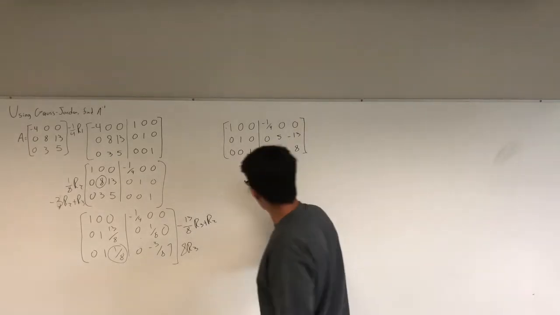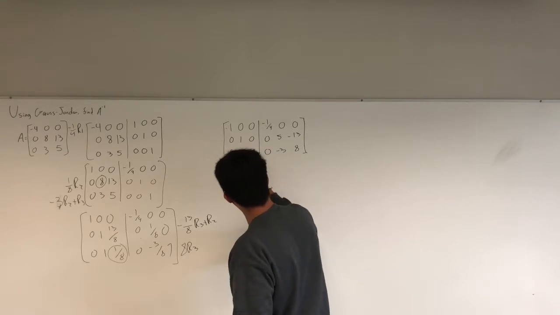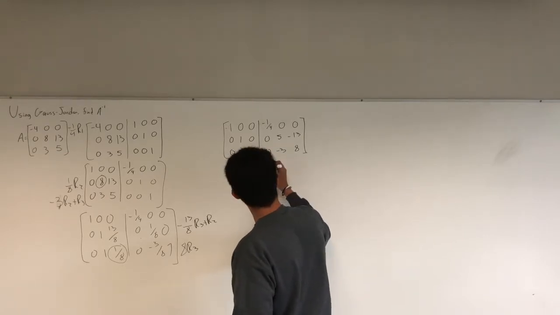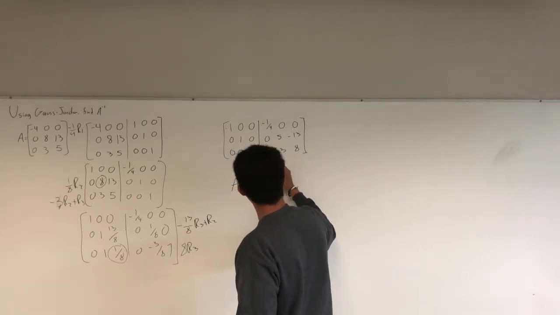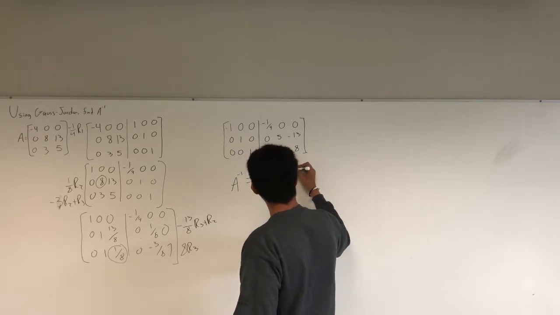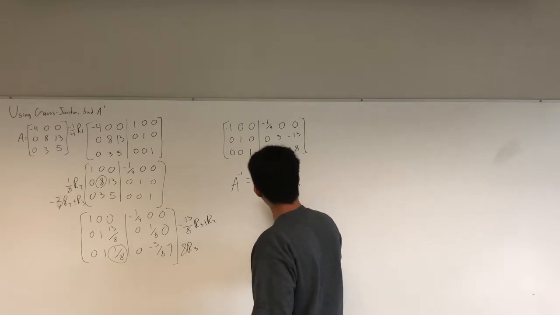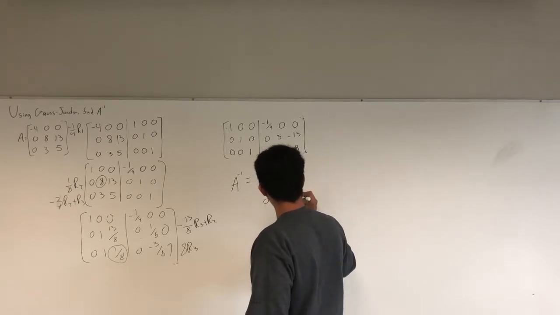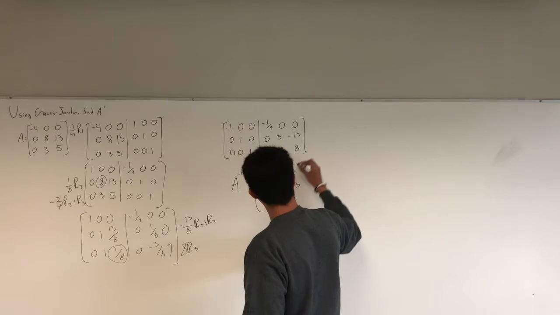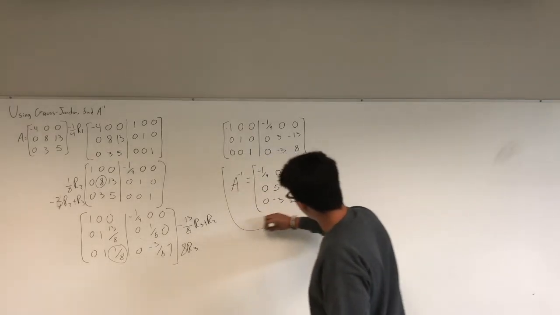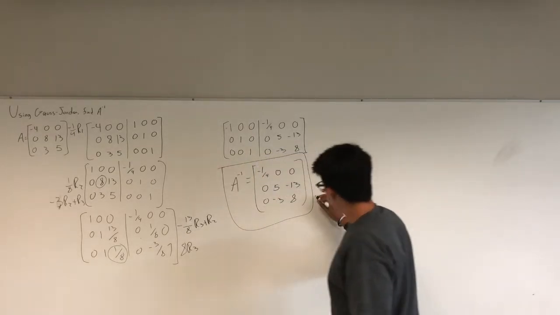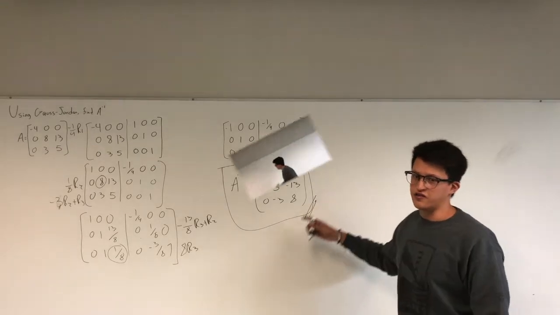So our final answer is the inverse of matrix A equals -1/4, 0, 0, 0, 5, -13, 0, -3, 8. This is our final answer.